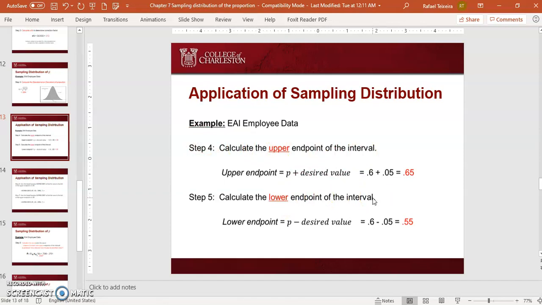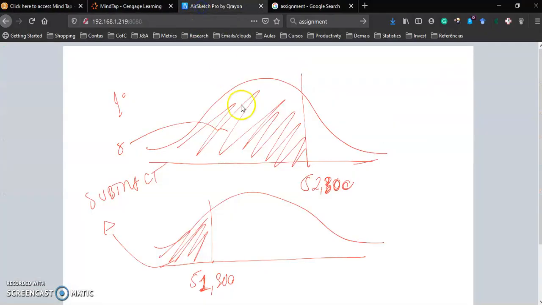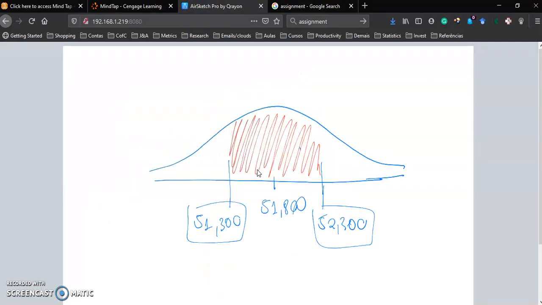like we did for the case of the previous problem. Remember this problem? And then that's the lower and upper endpoints.